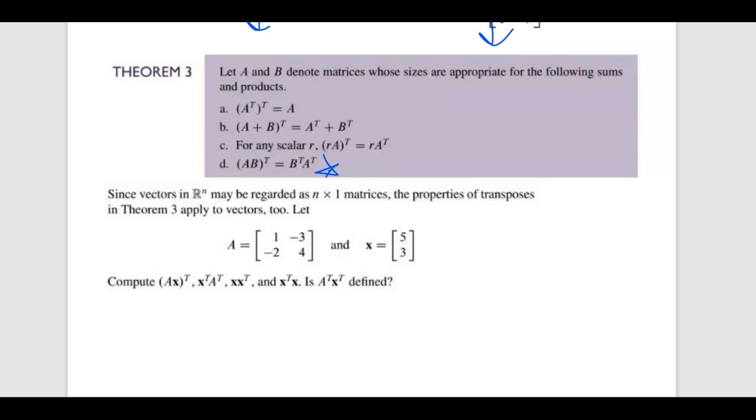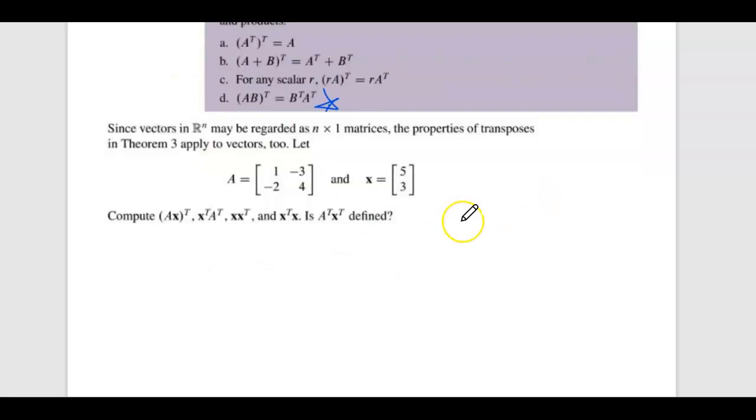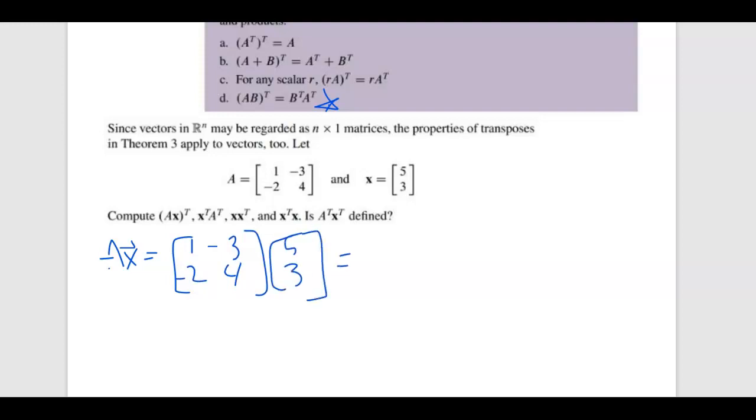Okay, so if I wanted to find AX transpose, let's go ahead and do that piece by piece here. So AX is 1, negative 3, negative 2, 4, times 5, 3. 5 minus 9 gives me negative 4.